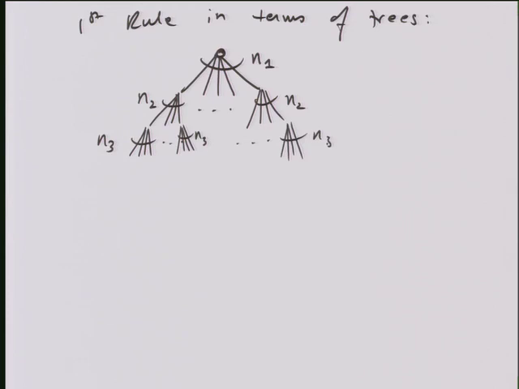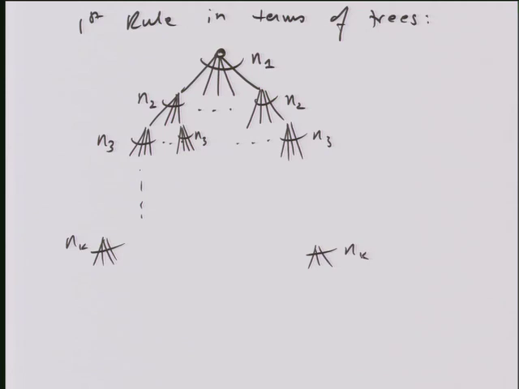And so on, right? All the way down to n sub k. Then the claim is that the number of possible places you can end up in, which are the leaves of this tree, the endpoints, right?